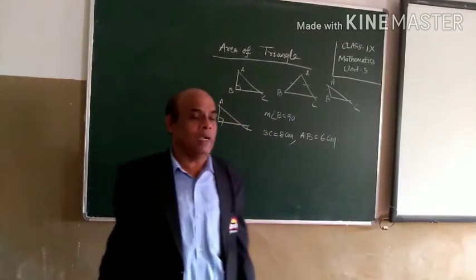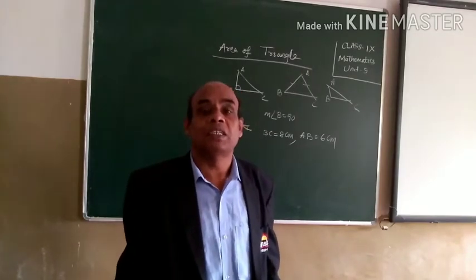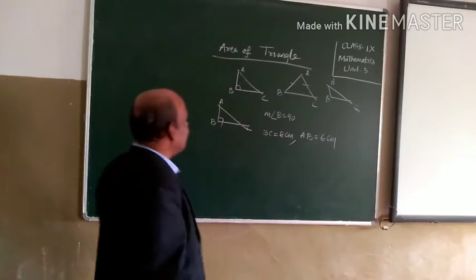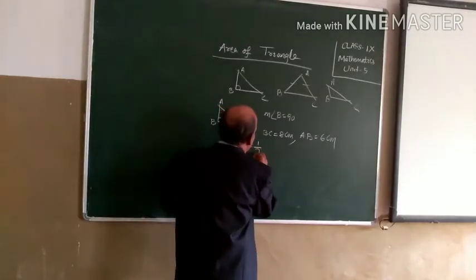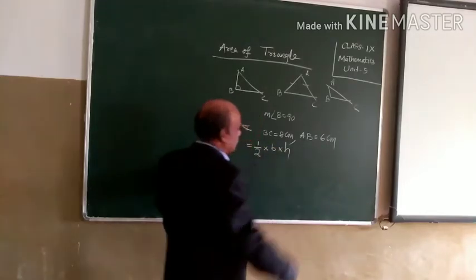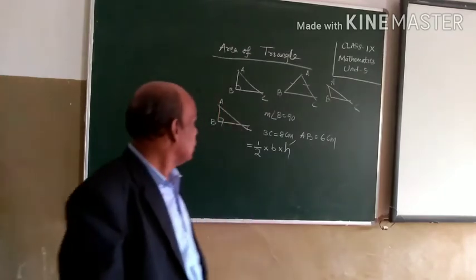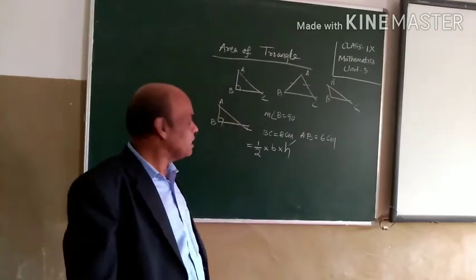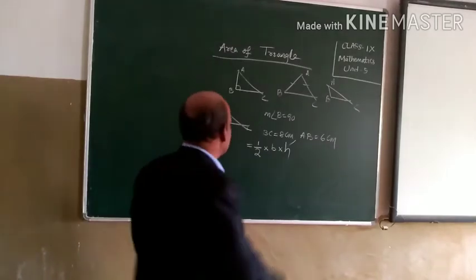So you have to find out the area of the right angle triangle. You can say that it is half into base into height. Height means perpendicular. So the area of the right angle triangle is half into base into height.